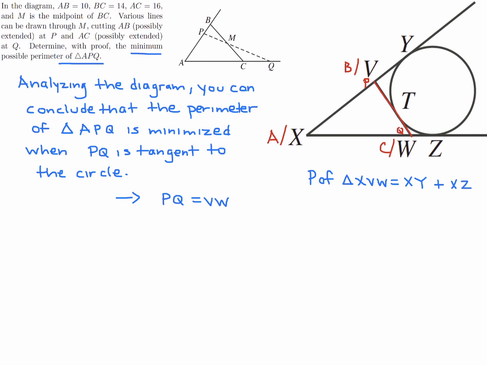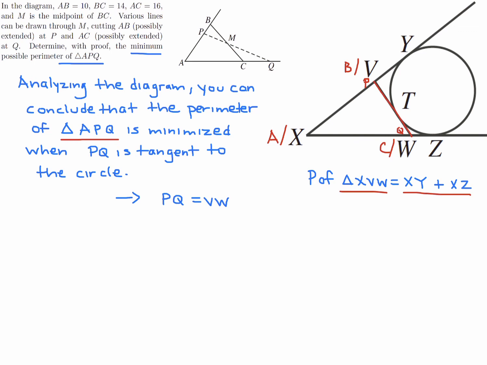We established that first point. Now, we also know that the minimum perimeter of that triangle, whether you call it APQ or XVW, is going to be XY plus XZ.